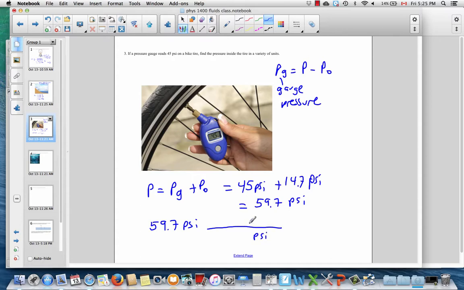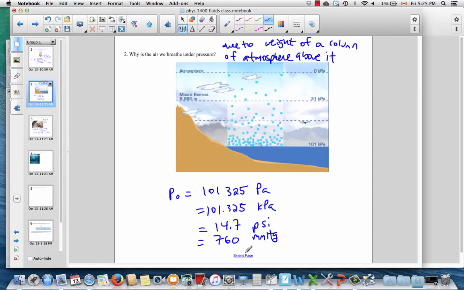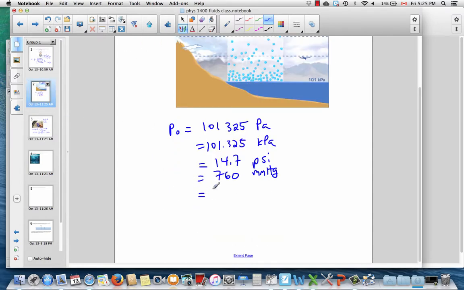Let's say we want to cancel psi and replace with atmospheres. Well, 1 atmosphere, as we saw, is 14.7 psi. So canceling psi and dividing, we get 4.06 atmospheres. I should just add that to the previous page, I suppose. Here I should say that atmospheric pressure is just 1 atmosphere, 1 atm.